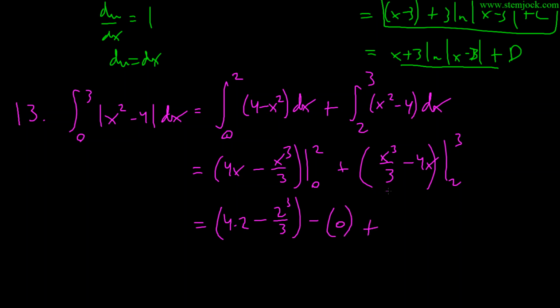And now this one here, that's if I plug in 3, that's 3 cubed over 3 minus 4 times 3. And then minus, I plug in 2. So 2 cubed over 3 minus 4 times 2.